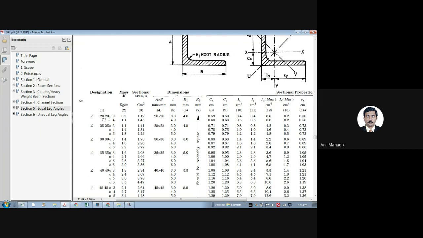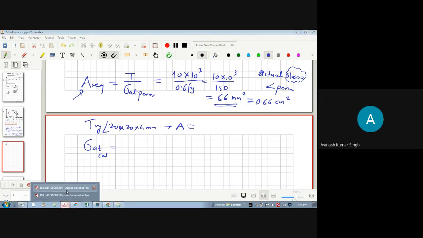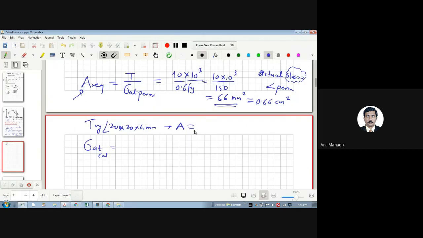Let's say you are choosing 20 by 20 by 4 mm. What is the area? 1.45 cm square, that means 145 mm square.